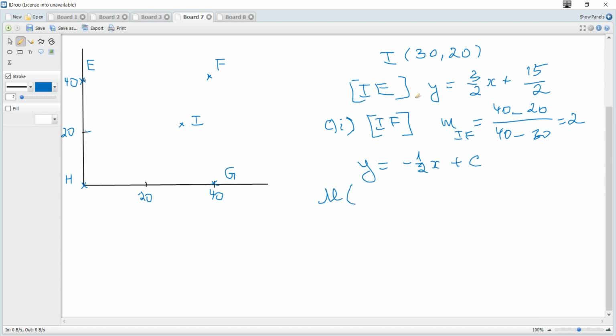Midpoint is just plus and divide by 2, so 40 plus 30, 70 over 2, which is 35, and 40 plus 20, 60 over 2, which is 30. Substituting for y and x, or you may use the equation of a line like this.